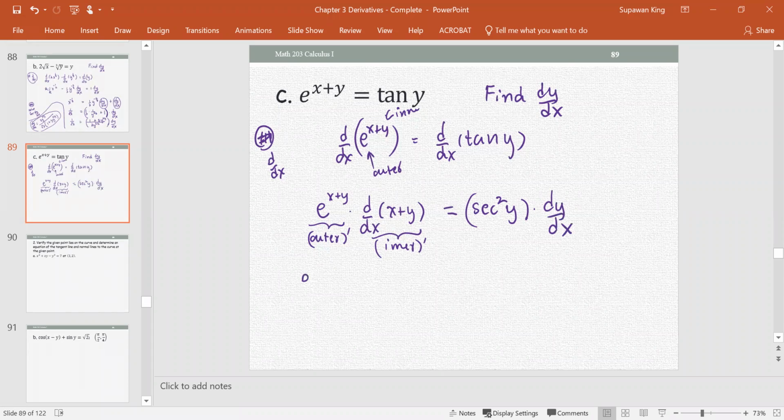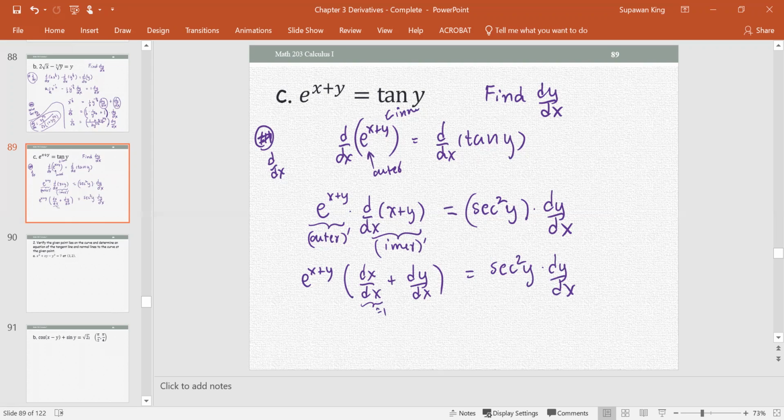On the left-hand side, we simplify the derivative of x plus y a little bit. Using the derivative rule, the derivative of the sum is the sum of the derivatives. So the first term is dx by dx plus the second term, which is dy by dx, equals the right-hand side, secant square y times dy by dx. dx by dx is 1. dy by dx is what we are looking for.